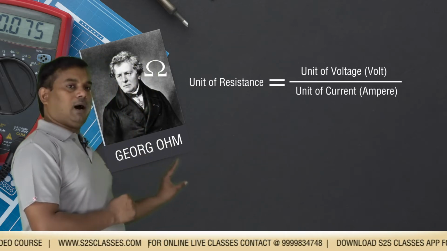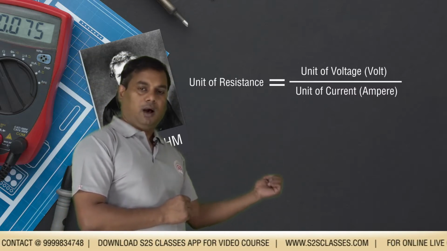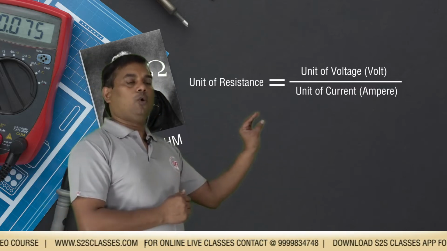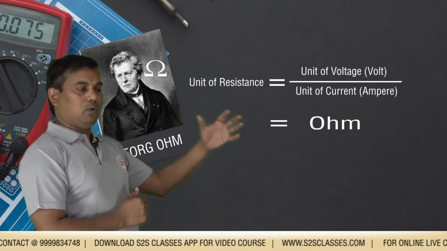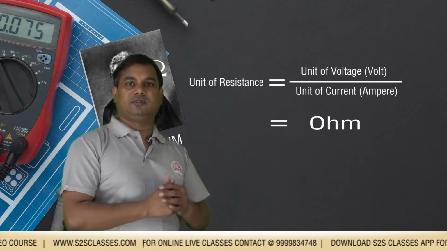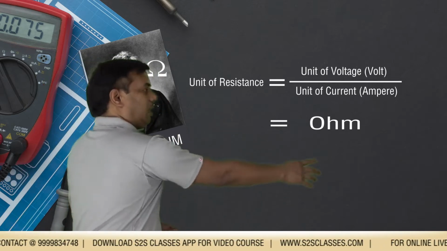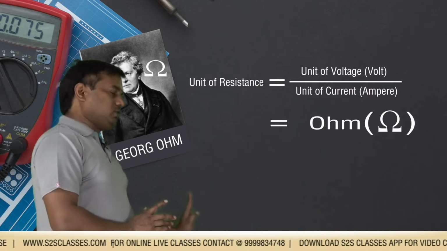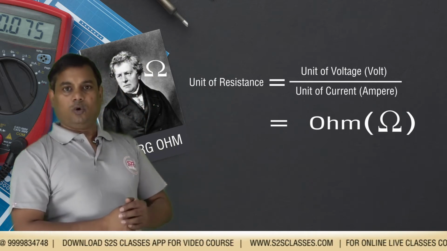So the unit of resistance is equal to volt upon ampere, and volt upon ampere is called Ohm. A very renowned scientist, Ohm was revered by giving his name to the unit of this resistance, and this Ohm is represented by the Greek letter omega. So unit of resistance is Ohm, which is represented by the Greek letter omega.